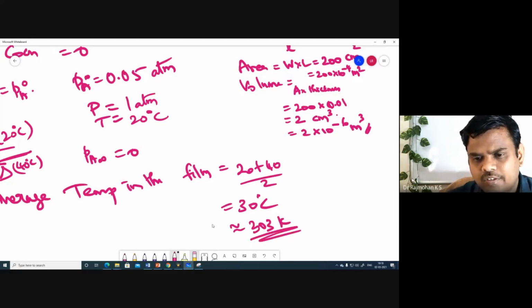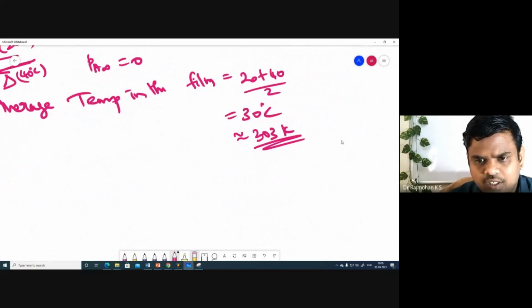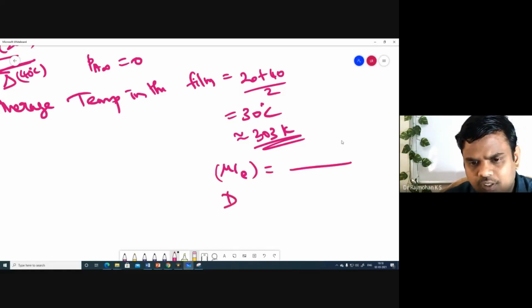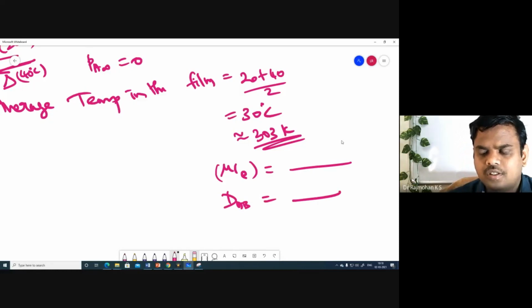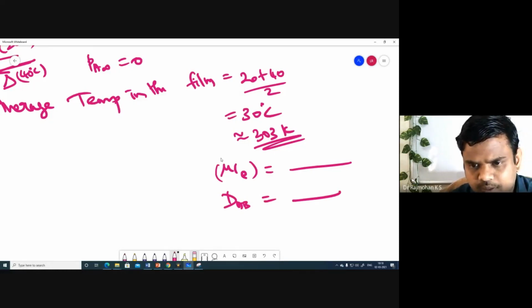We want the properties of the fluid at this temperature only, that is, mu by rho, the kinematic viscosity value, and we want the DAB value at this temperature. Both are given, in centimeter square per second.